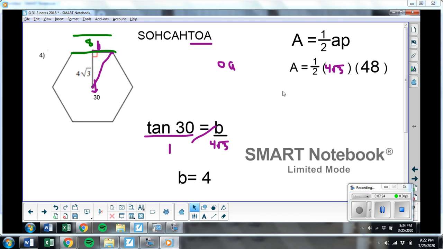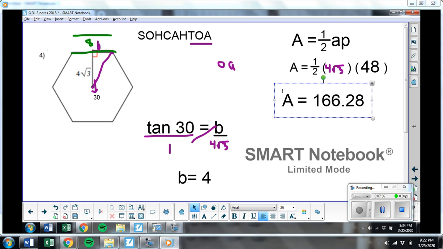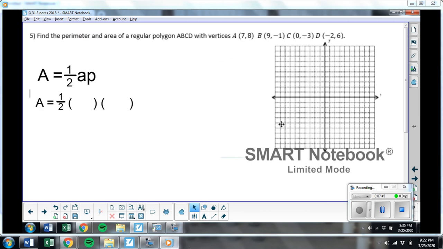Carefully type all that in and write your answer. 166.28 units squared will be the area of that regular hexagon.